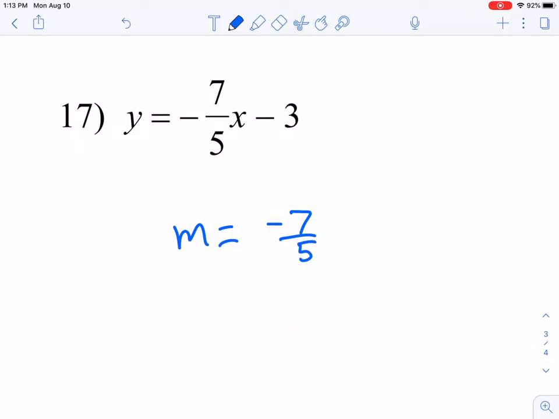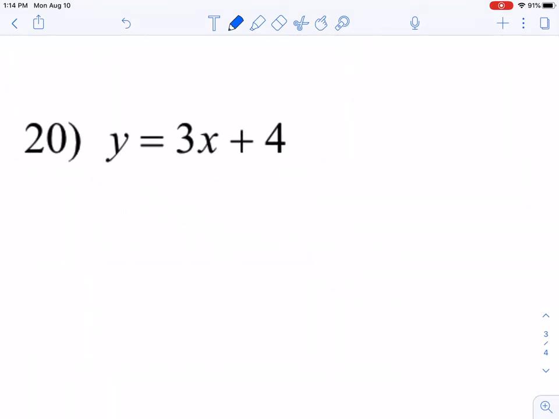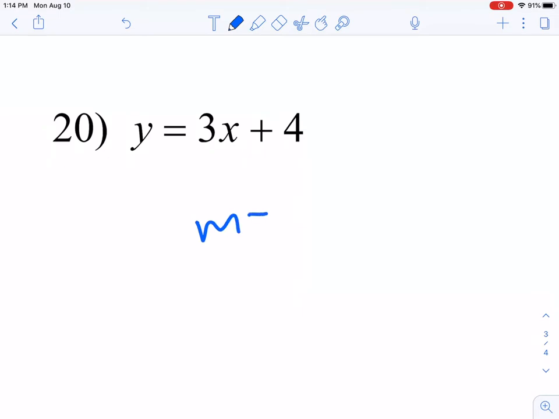I'm just taking that negative and giving it to the top. So remember, a negative means it's going to go down. My bottom number always goes right. I'll show you when we'll go left in just a moment. b equals negative 3. Okay, hopefully you're feeling really confident in this. I'm going to show you 20. m equals, if I just have a regular number, to write it as rise over run, I'm going to say 3 over 1.